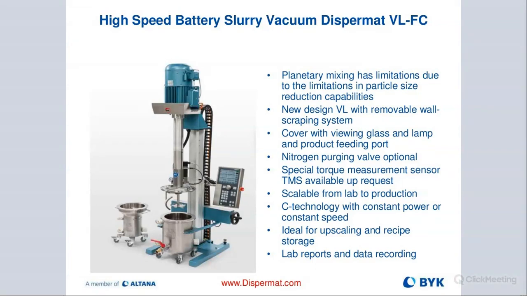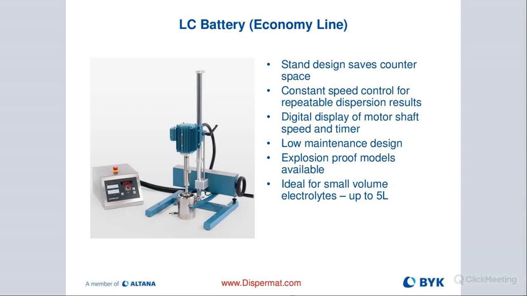We have the ability to also add ports, again, argon gas and nitrogen, to do that all in an inert environment. Different container sizes, this is just one example. We can go as small as 1 liter up to 50 liters or higher for production purposes. So really nice unit with different options.